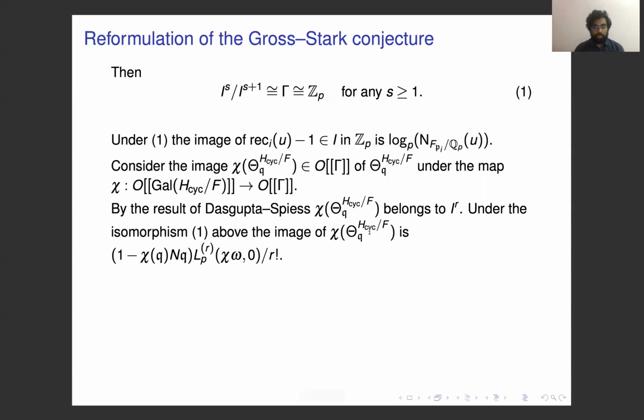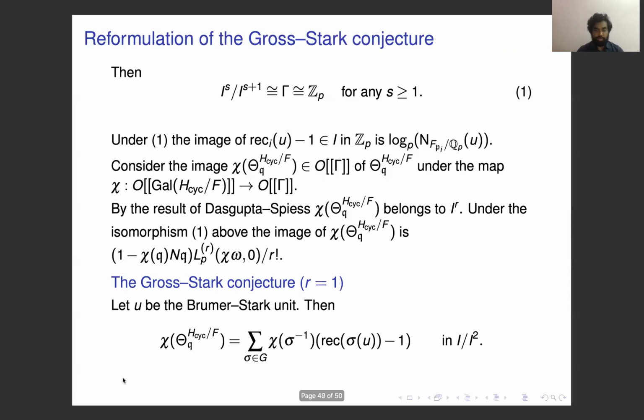Okay, and what is its image under this isomorphism from I to the r mod I to the r plus 1 to this? So it almost gives you the leading term of the p-adic L function. Okay, but we have to multiply it by this factor which makes everything integral. Okay, so this auxiliary choice of q comes into place. Okay.